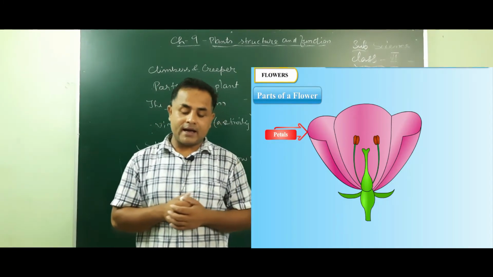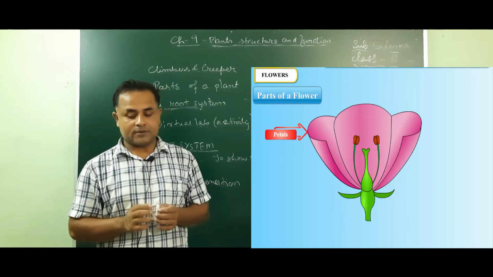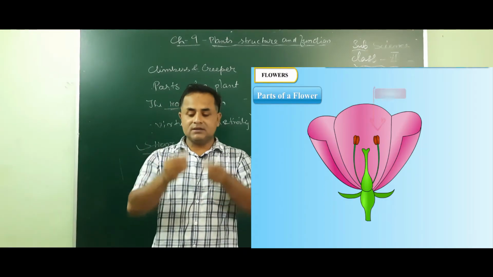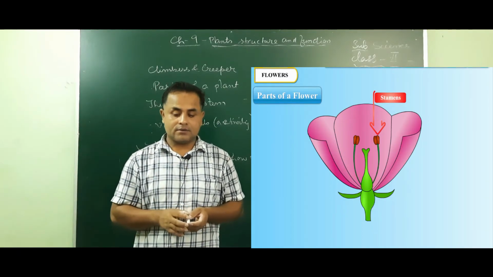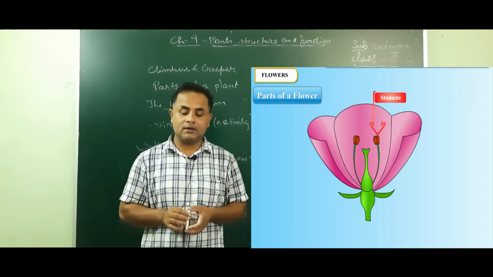Each stamen has a stalk called the filament, with a bean-like structure on the top called the anther. The anther contains powdery particles called pollen grains.